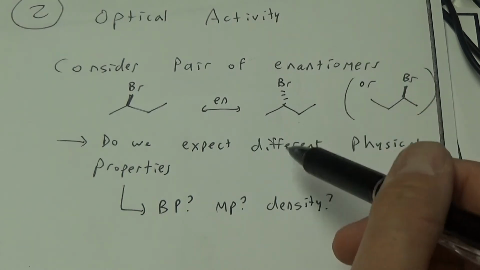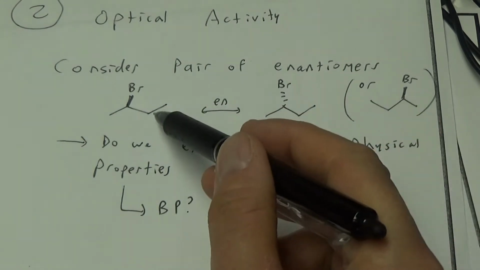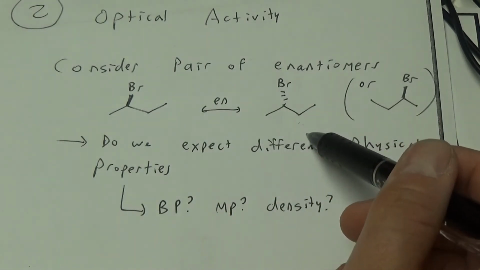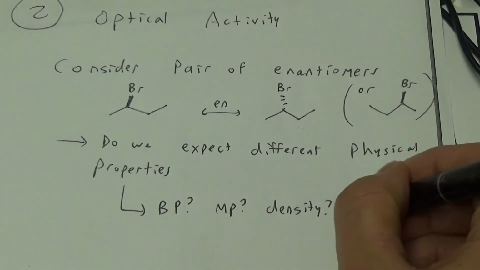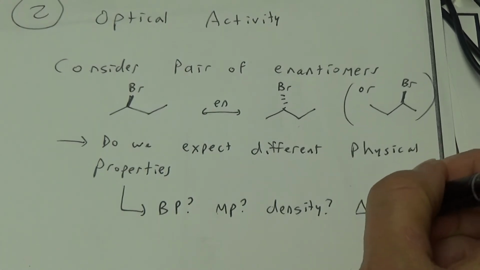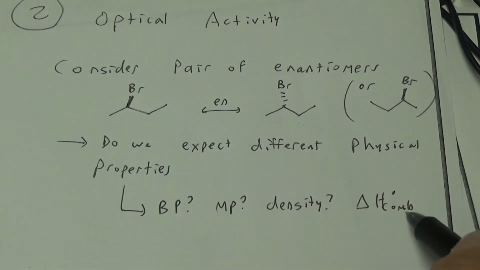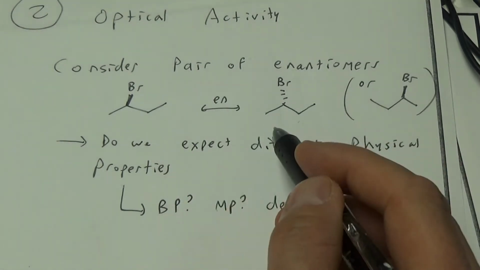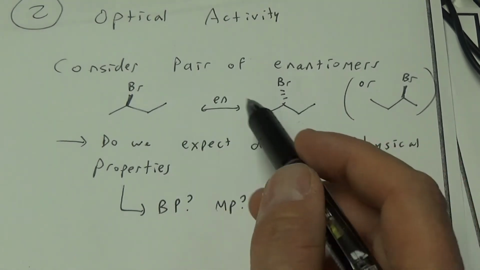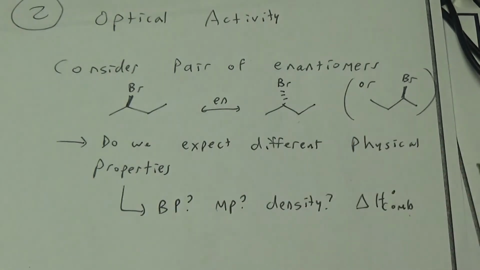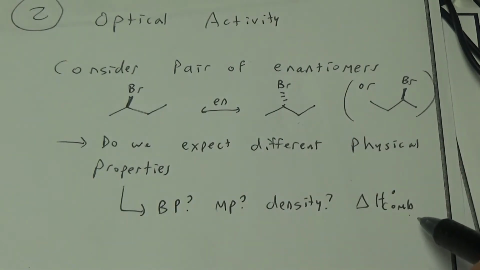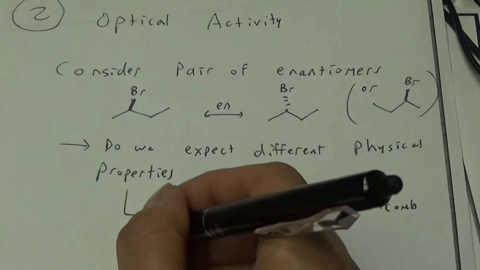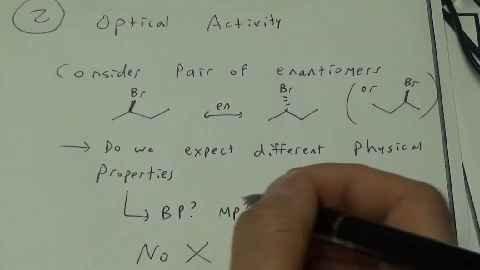Do you think the density is different? Absolutely not. What about the heat of combustion? You burn it and get the energy out. Is that going to be any higher or lower energy than that? Very unlikely. The only difference is the three-dimensionality of the bromine, so no difference there. There's no difference in any of these things.